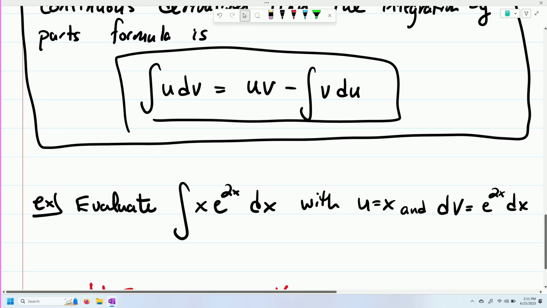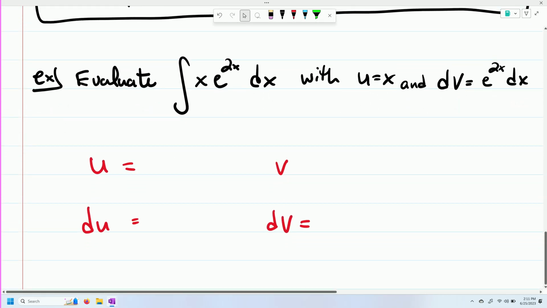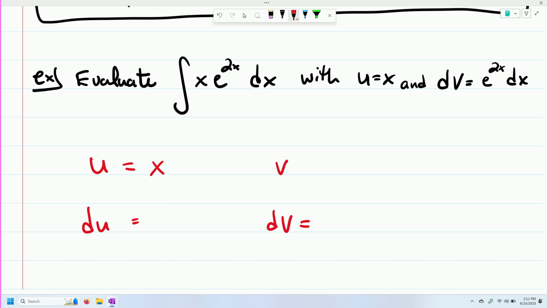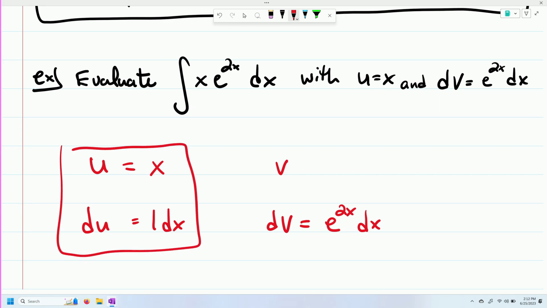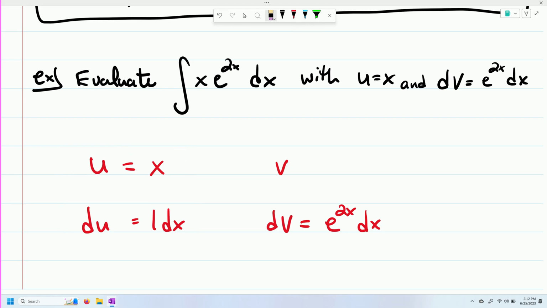Like I said, I'm going to show you later on some guidance on what goes where. But for now, let u equal x and let dv equal e to the 2x dx. Now, in the first column, u equals x. Therefore, the derivative of x is going to be 1 times dx. This should look very similar to u substitution. On the second column, we have dv equals e to the 2x dx.